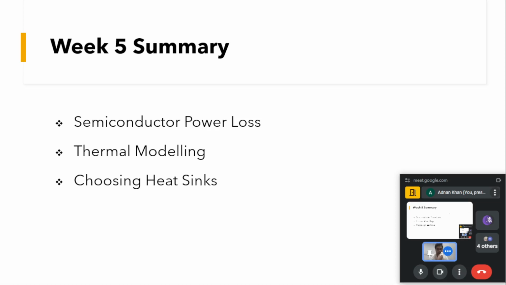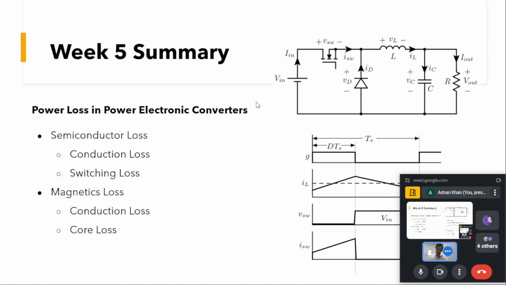Then what was taught is the thermal modeling and how we choose a particular heat sink for a particular application and a particular power loss, in order to limit the junction temperature of a device below the maximum temperature provided in the data sheet, so that the device would not get damaged, and so on.